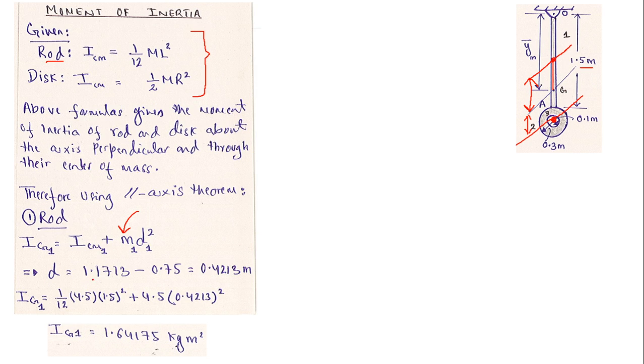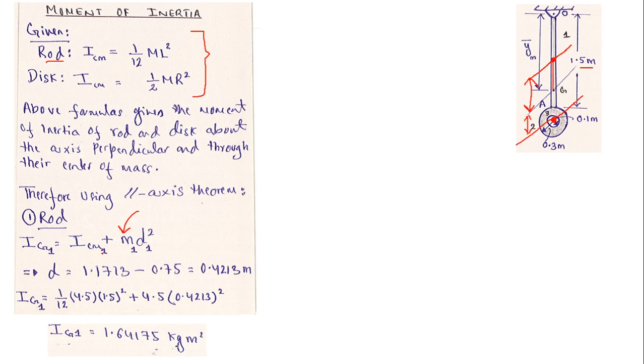So we simply have 1.1713 minus 0.75, and this gives you the distance between the axis passing through point G, the center of gravity of this entire volume, and the centroid of the rod. You just have to subtract 0.75, which is the centroid of this rod, from the center of mass of this entire volume. So this is 1.1713 minus 0.75, which gives you 0.4213.